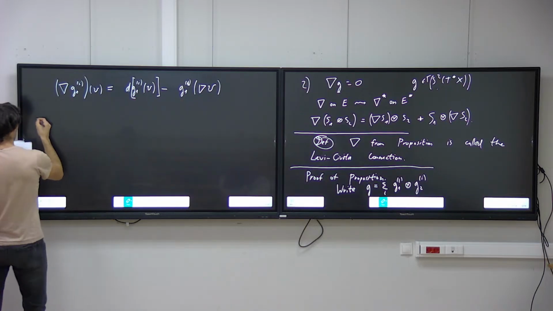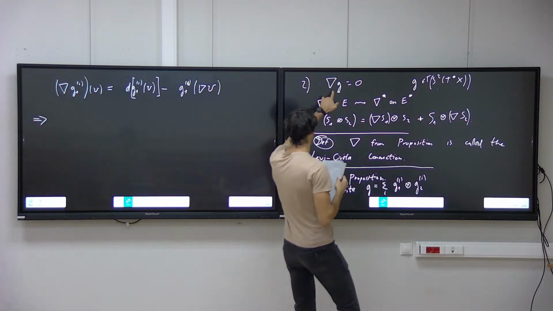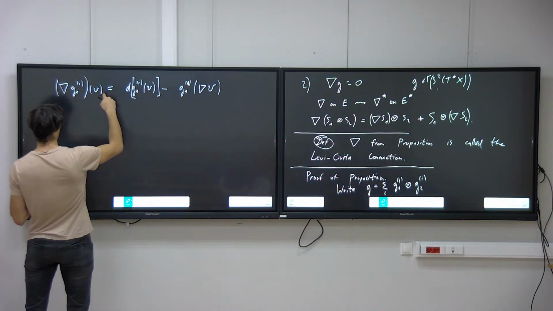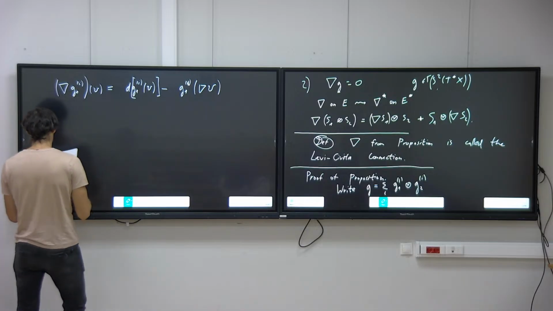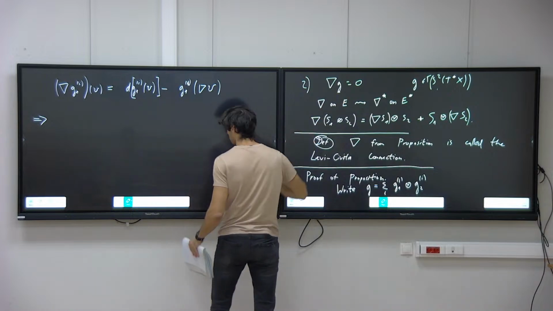All right, now I can use this and this together. I just explained in more detail what this means.